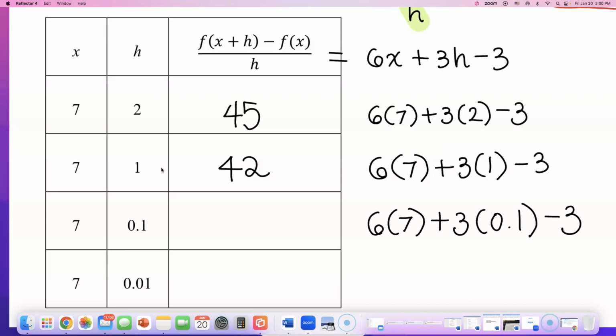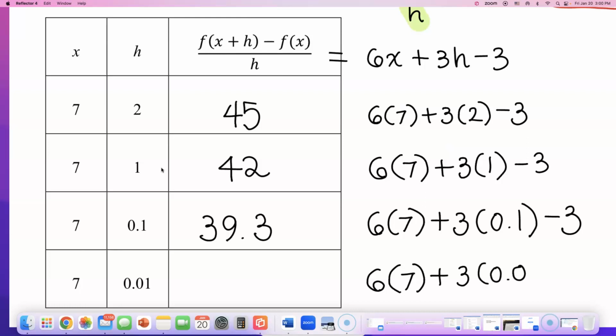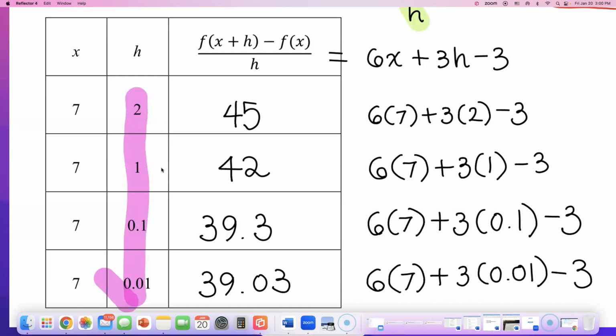That comes out to be 39.3. And the last one is 6 times 7 plus 3 times 0.01 minus 3, and that comes out to be 39.03. I think as h approaches 0, we're going to approach 39.